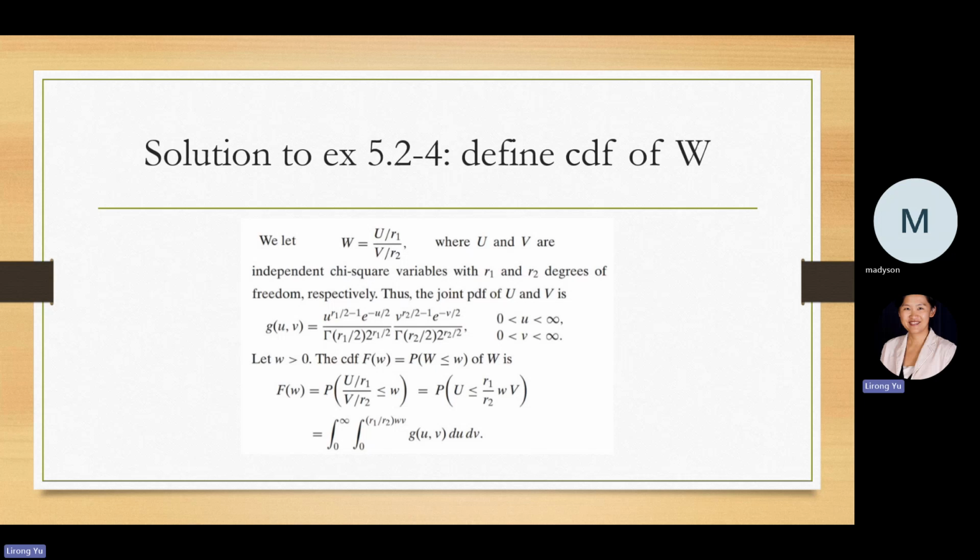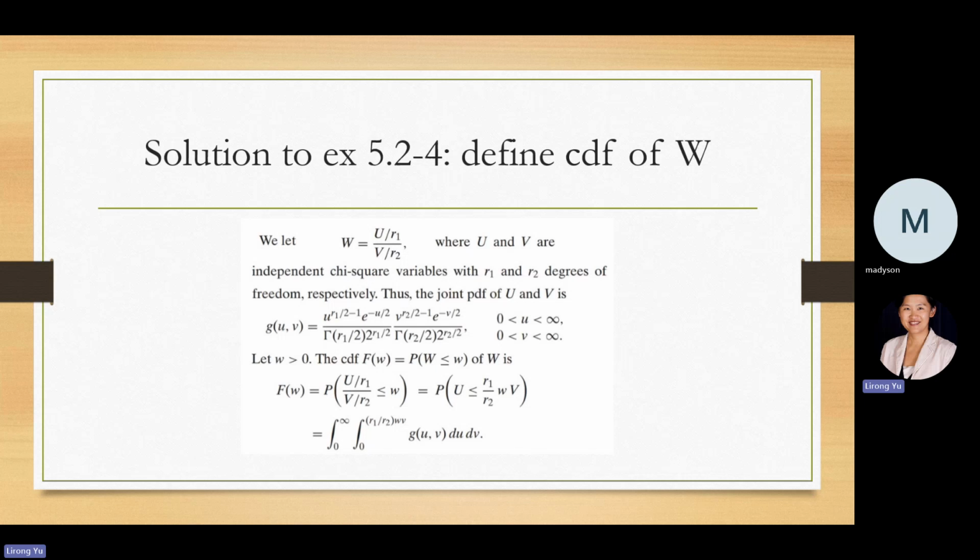So now we're writing the joint density of U and V. U is chi-square. Remember, chi-square distribution is a special gamma distribution. So we have gamma with alpha equal to R over 2, and theta equal to 2. Both chi-square and gamma distributions are a multiplication of a power function and an exponential function.